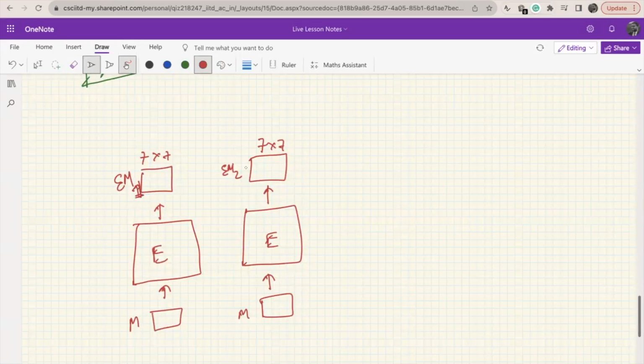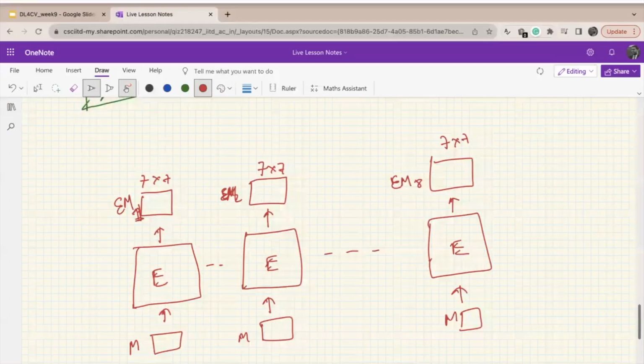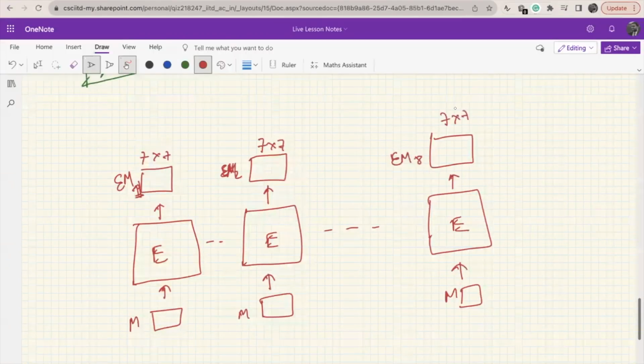And there is also 7 by 7. And similarly, you learn till EM8. Okay, great. So you have now 8 matrices.